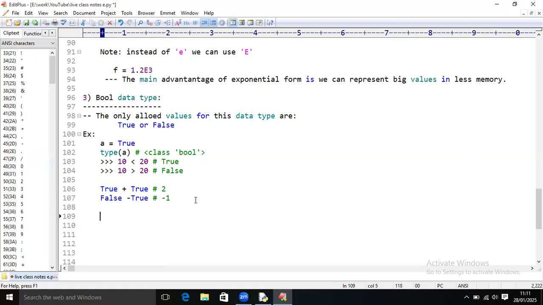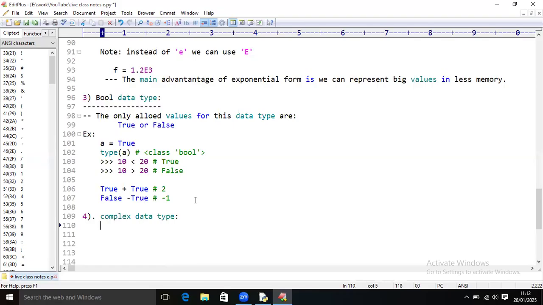Now in this session we are going to discuss complex data types. First of all, what is a complex data type?